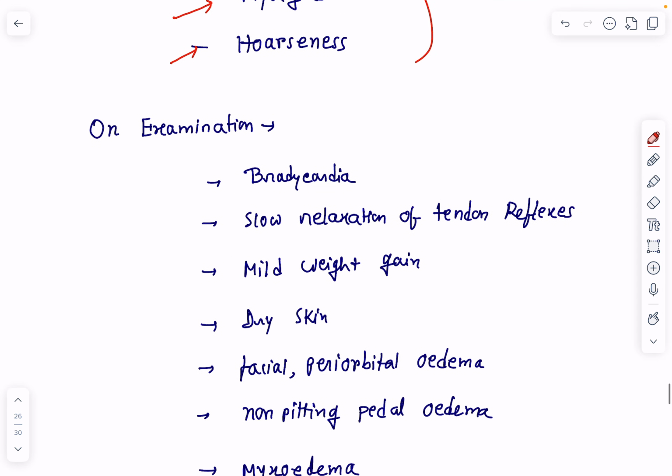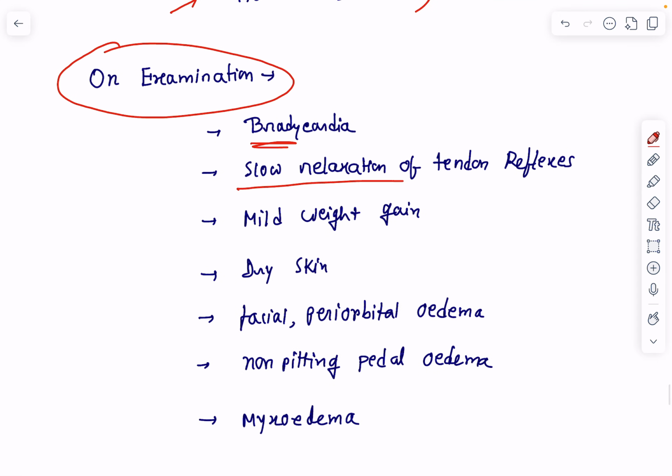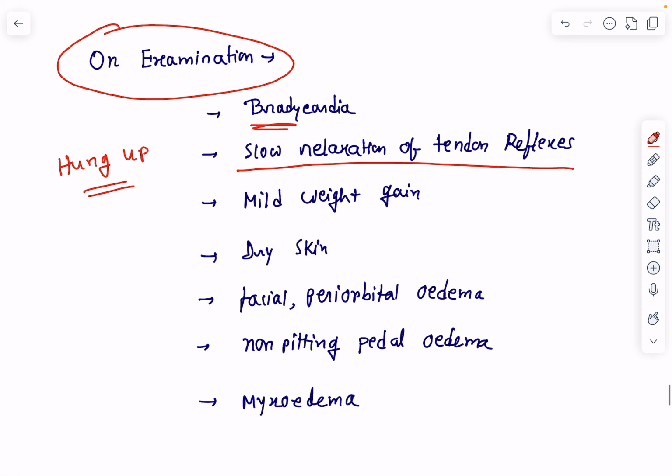On examination, they tend to have bradycardia and slow relaxation of tendon reflexes, also known as hung-up reflexes. Slow relaxation of deep tendon reflexes. There may be mild weight gain. We need to remember that hypothyroidism causes mild weight gain, not too much weight gain. There will be dry skin on examination.